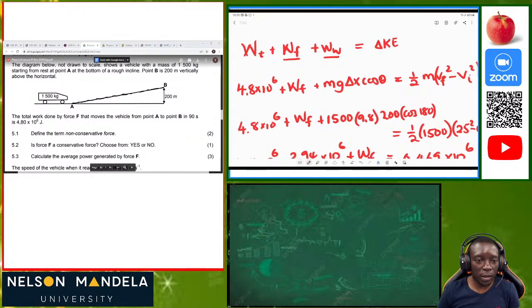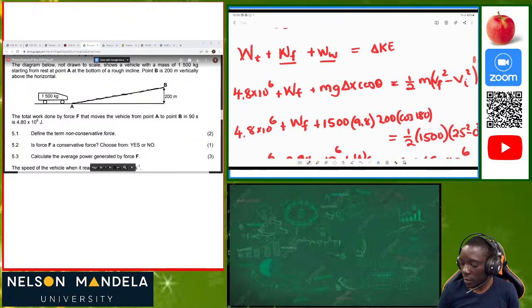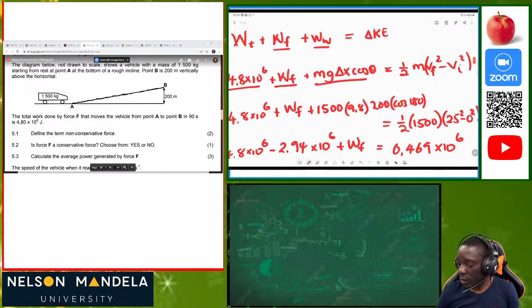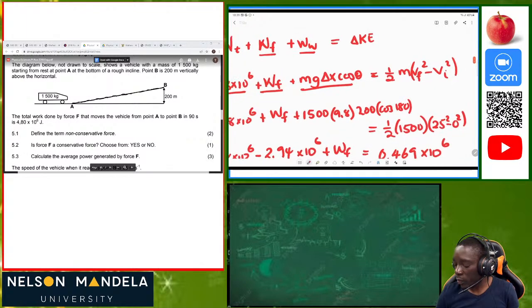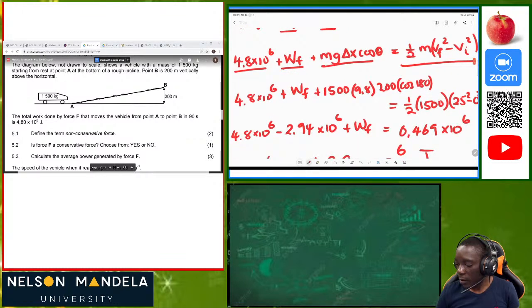In case my screen was obstructed, we have the total work done, given in the question. To find the net work done, we add the work done by friction and the work done by gravity, and this is equal to the change in kinetic energy. For gravity, it's simply mg delta x cos theta.